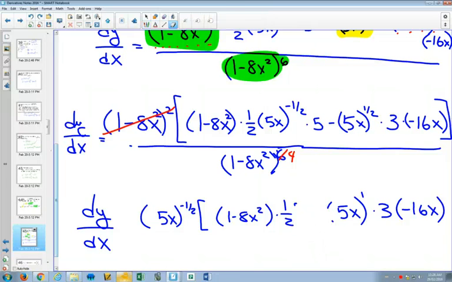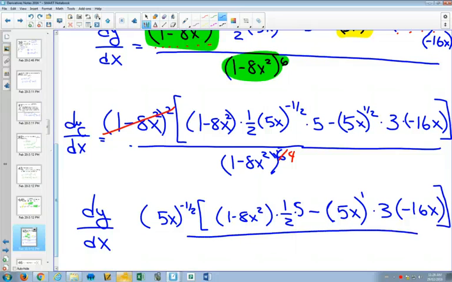Times by 5, and there's a subtract. And this is still going to be all over 1 minus 8x squared to the power 4 now, because we've simplified that. Yes?